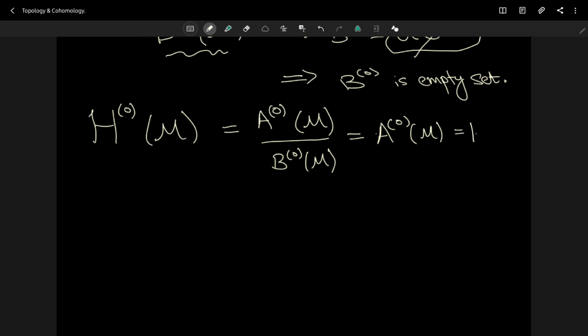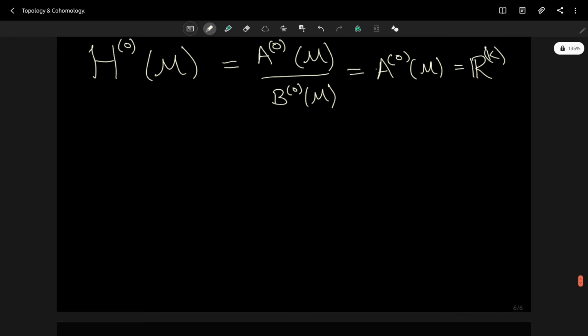And this would be our K, right? This K is the zeroth Betti number. It simply counts the number of disconnected components of M.